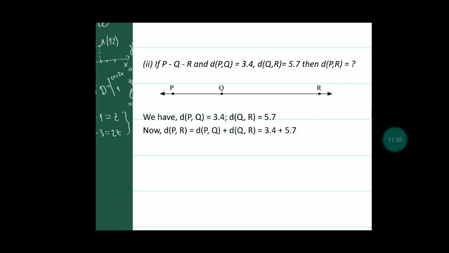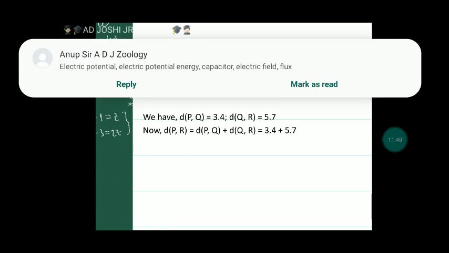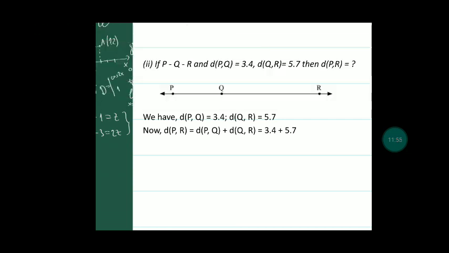Now distance of PR is equal to distance of PQ plus distance of QR, because Q is in between point P and R, which is 3.4 plus 5.7. Therefore distance of PR is equal to 9.1.